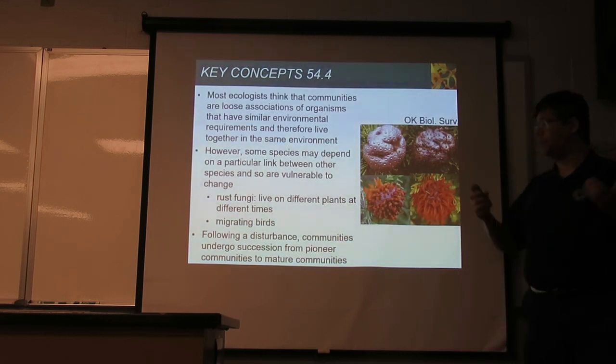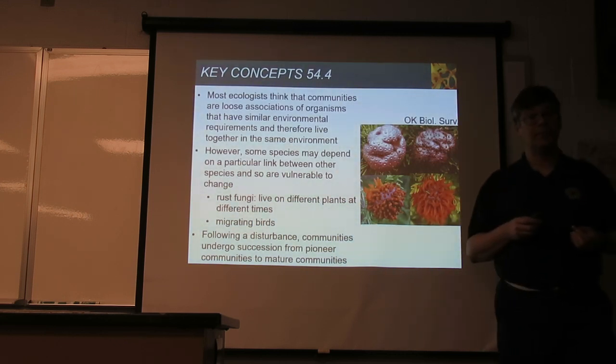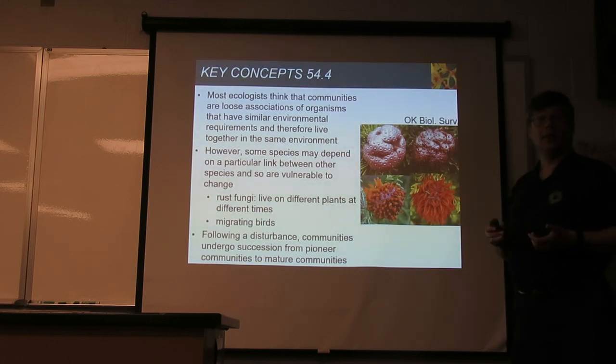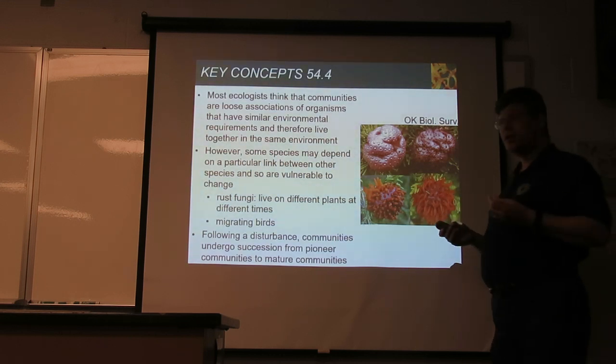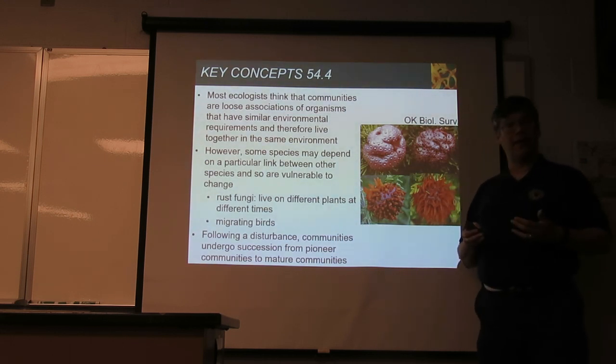Similar thing, migrating birds. Typically, they are migrating for the summer to some place where they can get lots of nice, yummy, protein-rich bugs to feed the babies that they are raising.